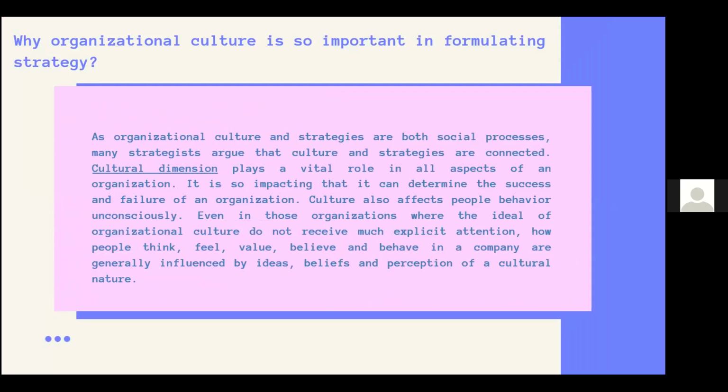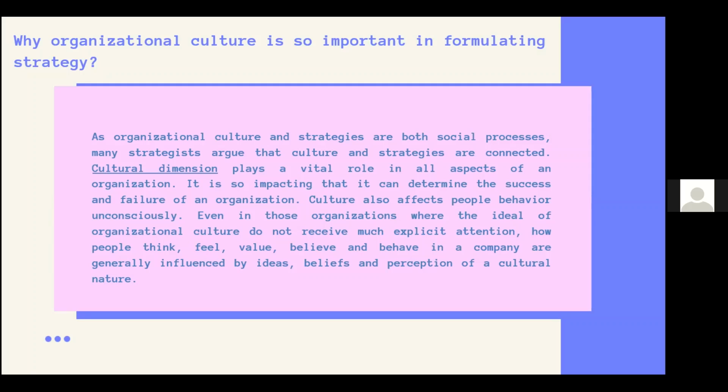And next, why is organizational culture so important in formulating strategy? The reason is that organizational culture and strategies are both social processes. Many strategists argue that culture and strategies are connected. The cultural dimension plays a vital role in all aspects of an organization.